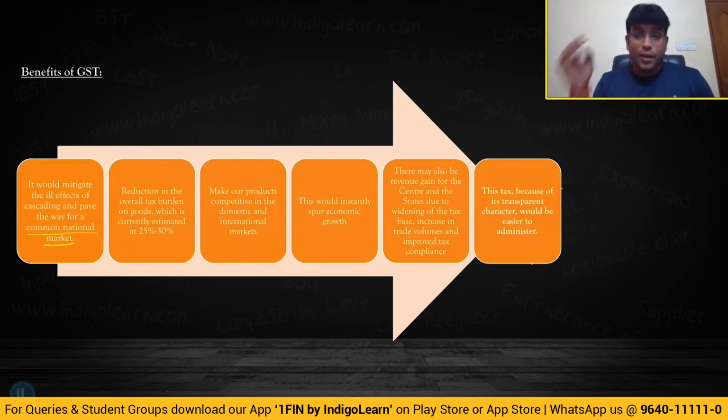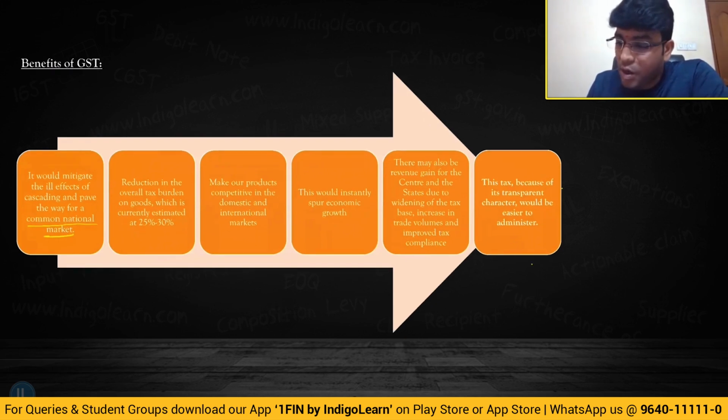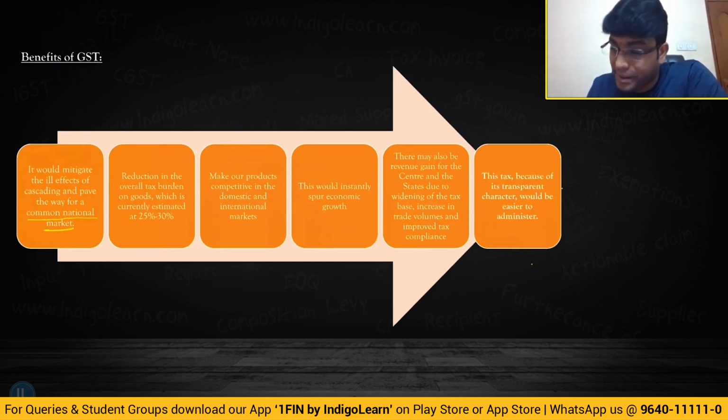Because earlier there was always a mindset: if I procure within the state, credit will come; if I procure outside the state, credit may not come. So better I'll procure within the state only. But now it's not like that. Whether you procure within the state or outside the state, definitely credit is allowed. That's for sure.